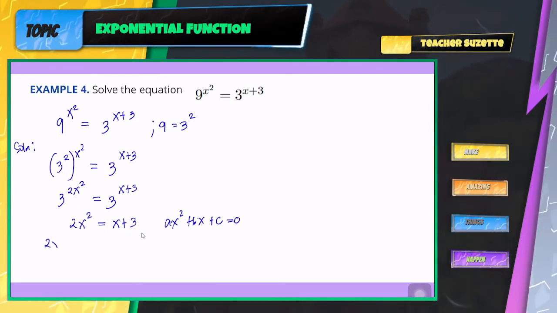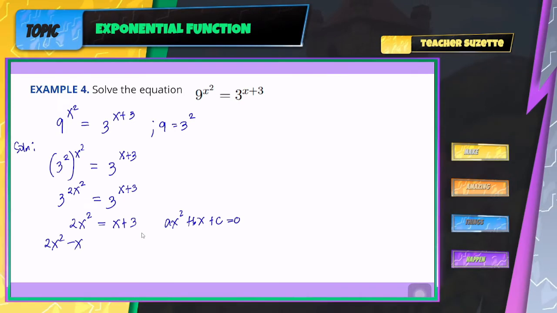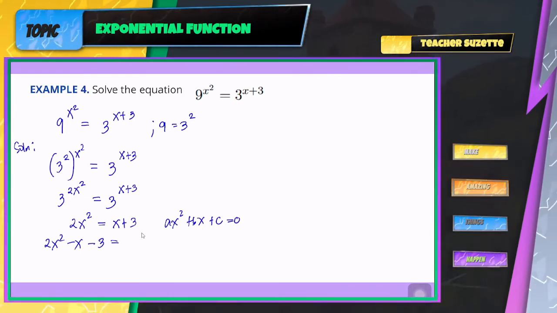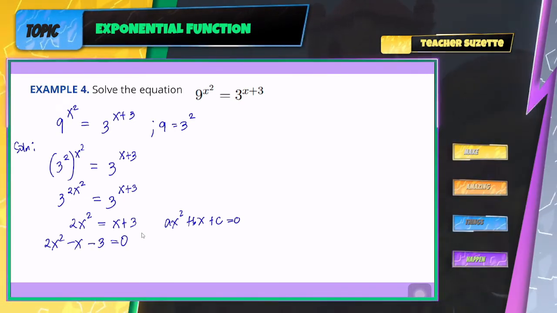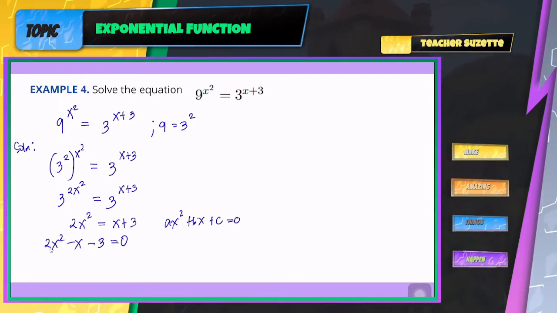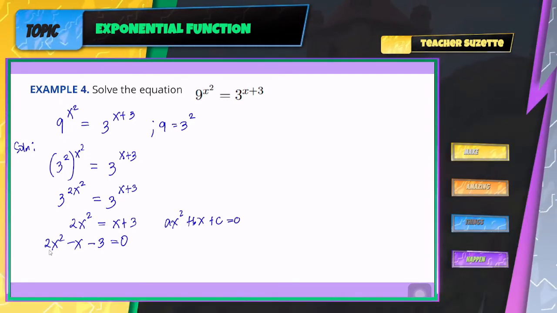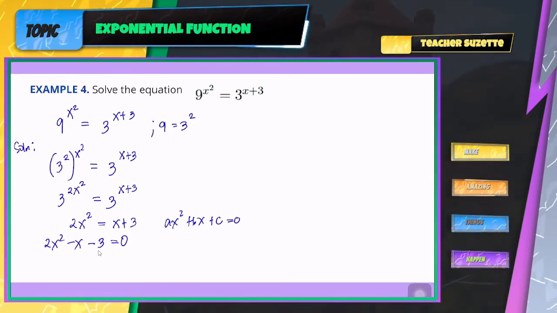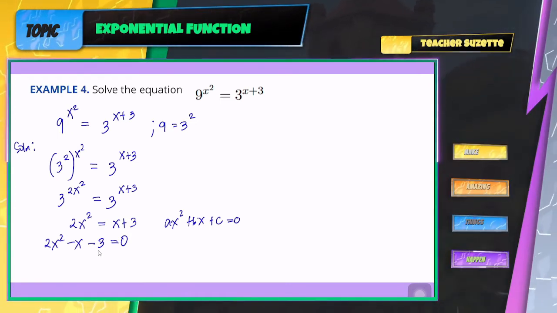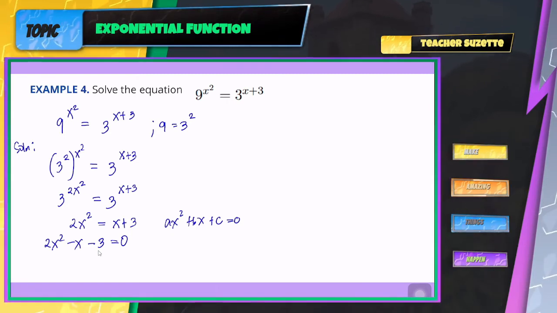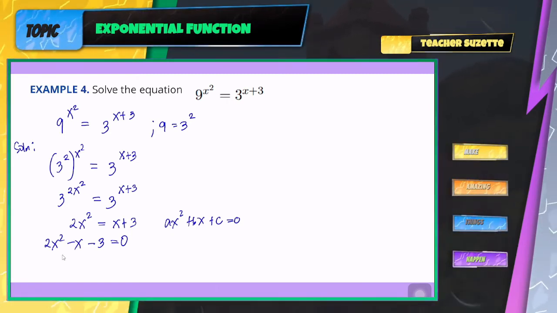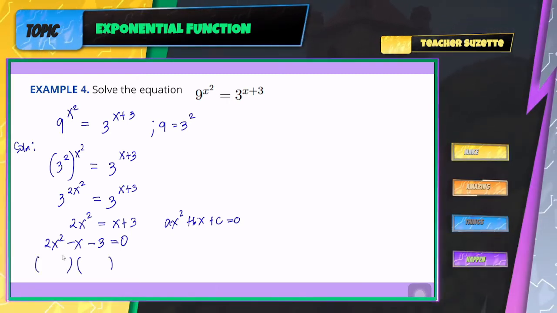You will have 2x squared minus x minus 3 equal to 0. Now, this time, ayan, meron na tayong quadratic equation. We can now factor or gamitin nyo yung completing the square or quadratic formula in solving for x. Pero this time, mas madali kasi natin siyang ma-solve using factoring.